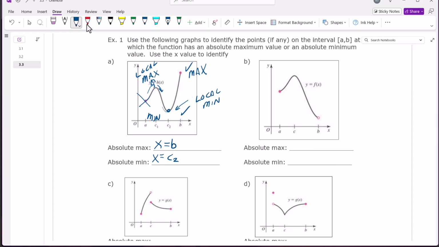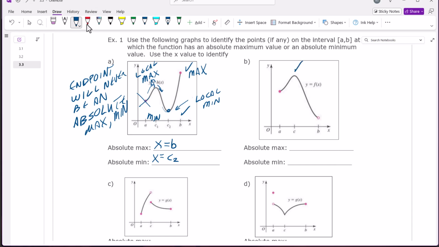So the thing about this is an end point, and this is pretty important. If you have an end point, it will never be an absolute extreme value. It'll never be an absolute max or min. But an interior point can be a local min or a maximum.